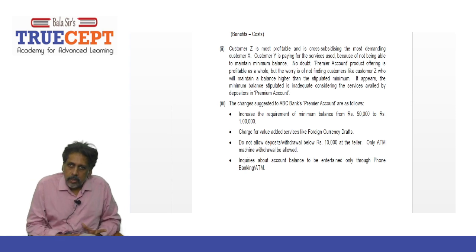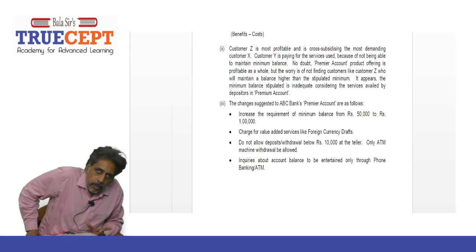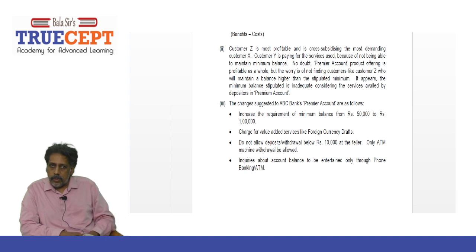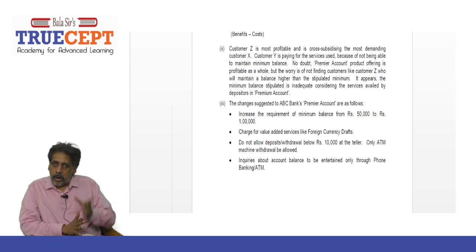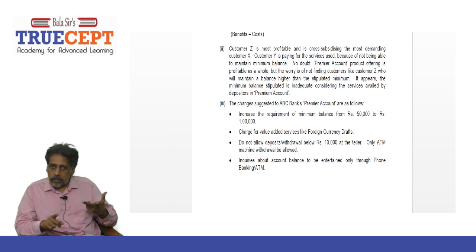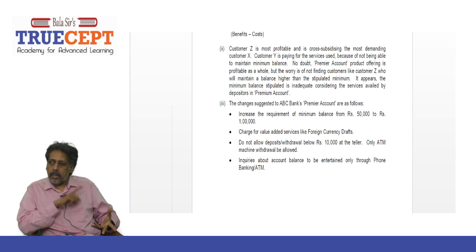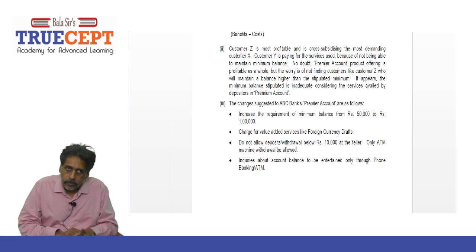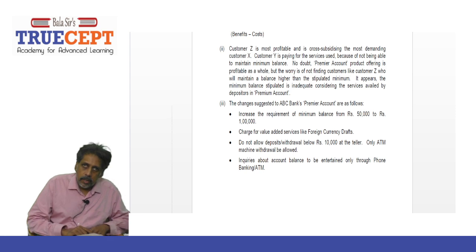You can say it's a premium or premier account. It's called premier account. These premier accounts are definitely profitable as a whole. But in fact, Z is highly profitable, the customer Z is actually going to subsidize X. Got it?